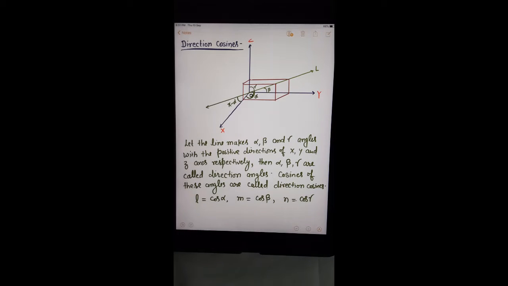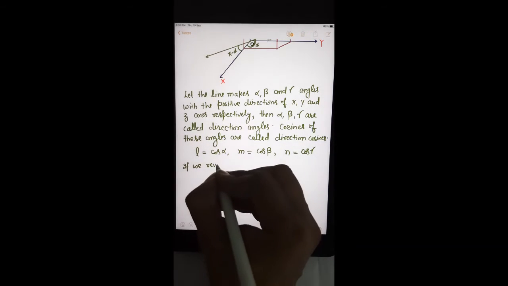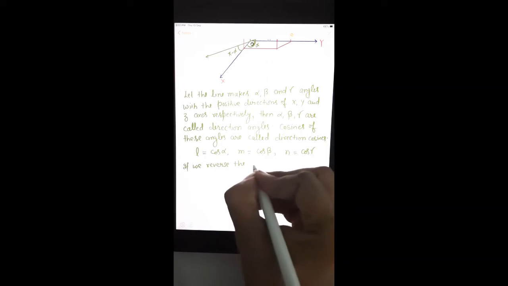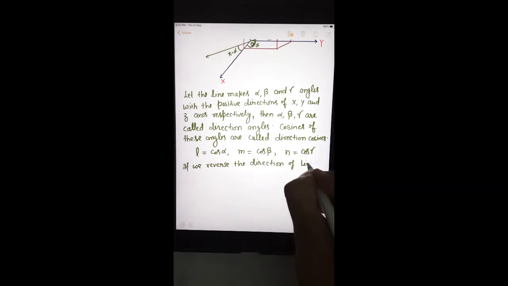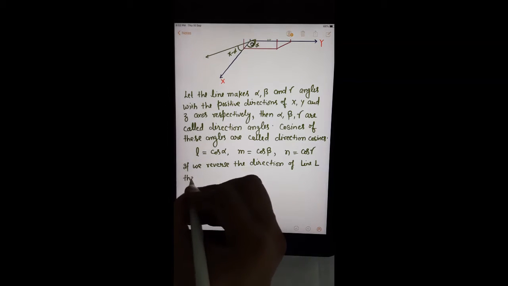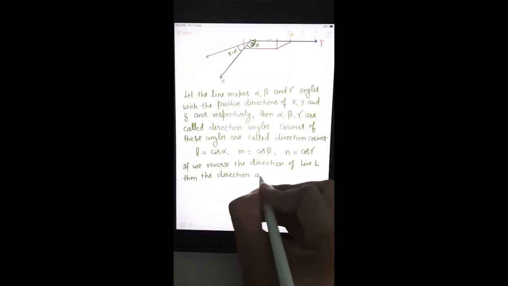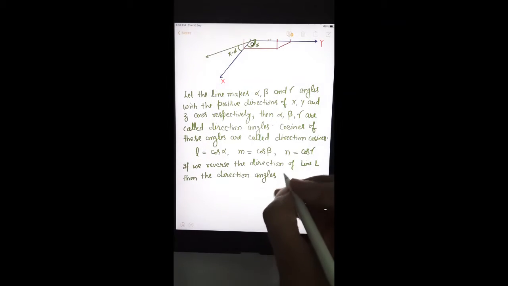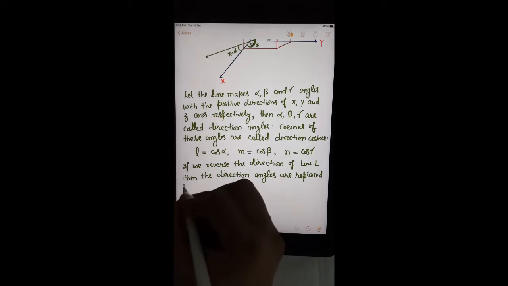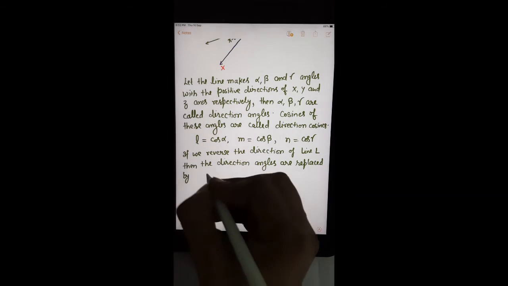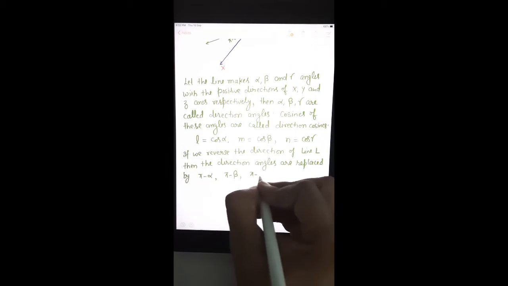So if we reverse the direction of line L, then the direction angles are replaced by their supplements, and the supplements will be pi minus alpha, pi minus beta, and pi minus gamma.